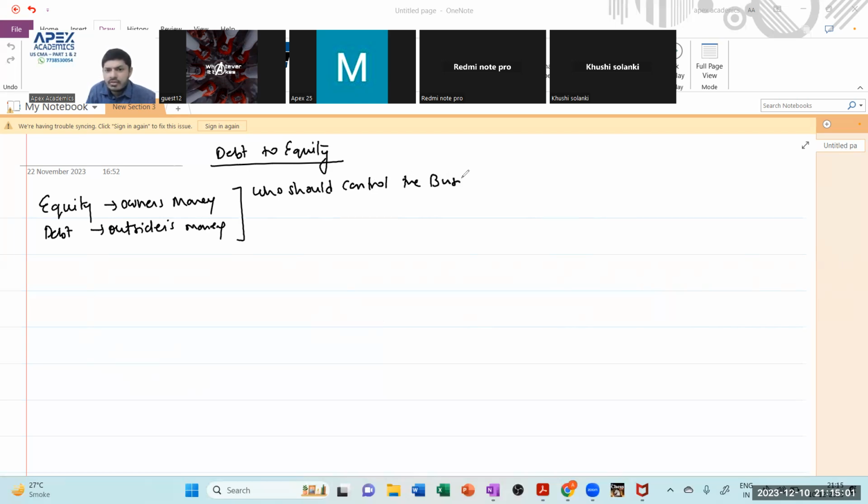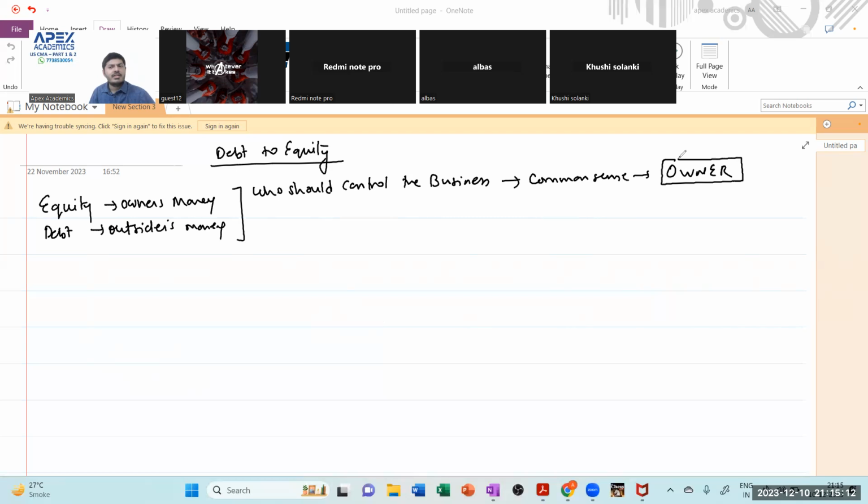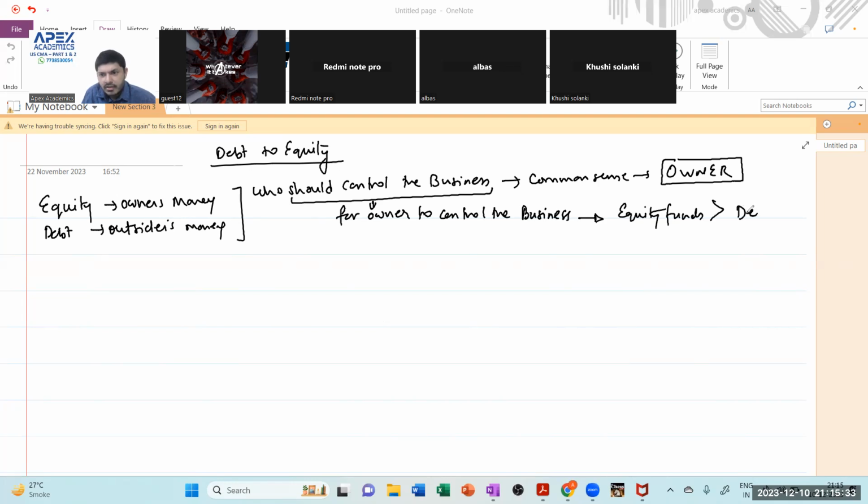Owner or outsider? Owners. Common sense says what? Owner. So obviously, for the owner to control the business, what should happen? Your equity funds should be greater than your debt funds.